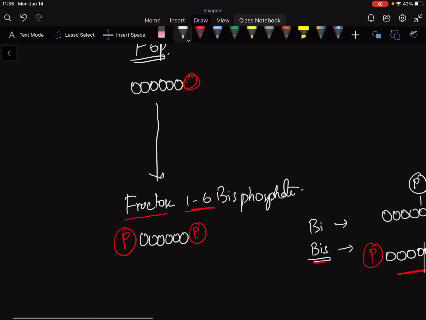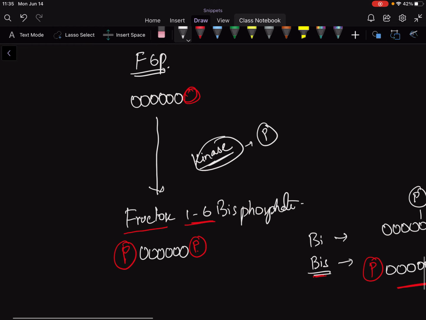So can you name the enzyme here? You can guess it. It is a kinase, because I already told you kinases do phosphorylation. On the first position a phosphate is being added, so it is a kinase. Where is this phosphate coming from? Yes, it is coming from ATP.